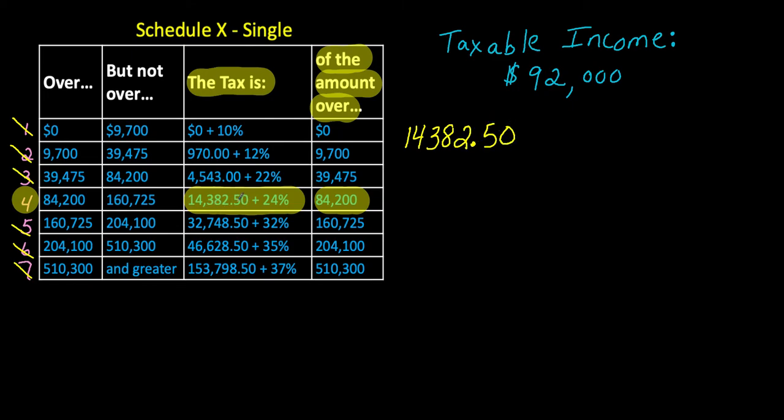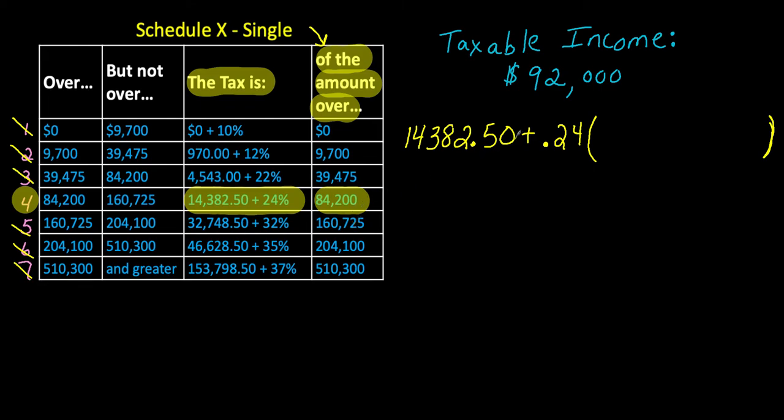Plus, from right here, 24%, and hopefully you remember 24% is 0.24. Now, the word of right here implies multiplication. So I'm going to put a set of parentheses next, and this will be the same process every time. I'm trying to figure out how much $92,000 is over $84,200.